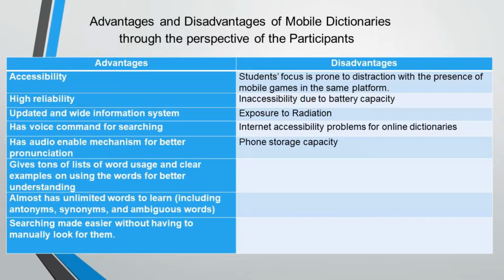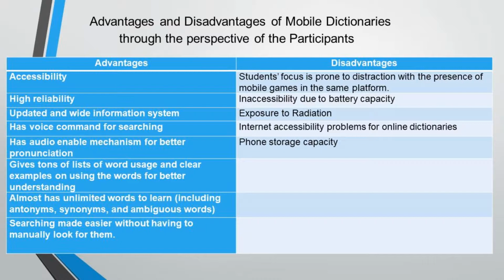So, with regards to the advantage, most participants said that mobile dictionaries are reliable, as it allows you to look for meaning through synonyms presented, making cross-reference available. So, all words are updated from time to time.